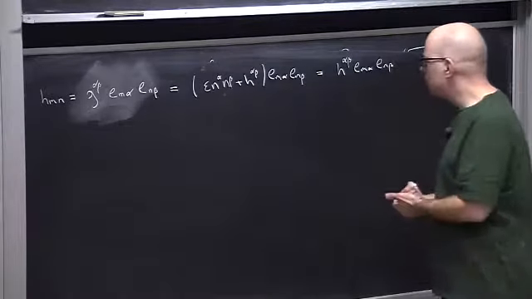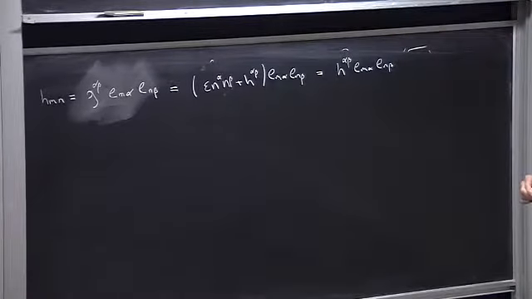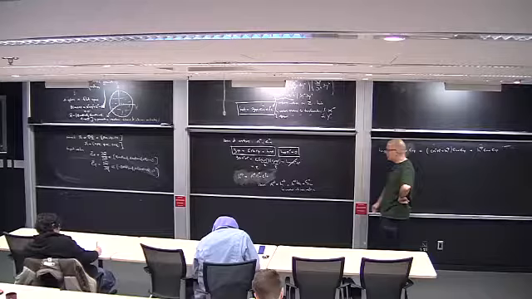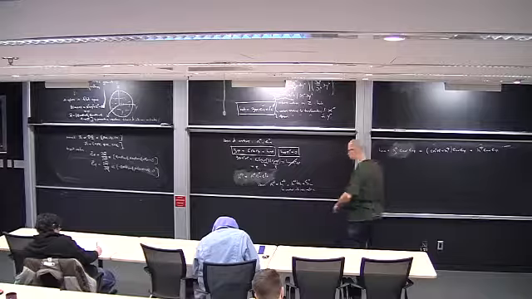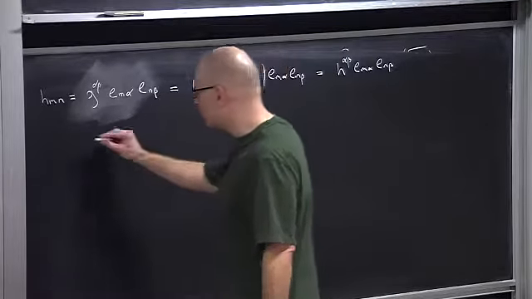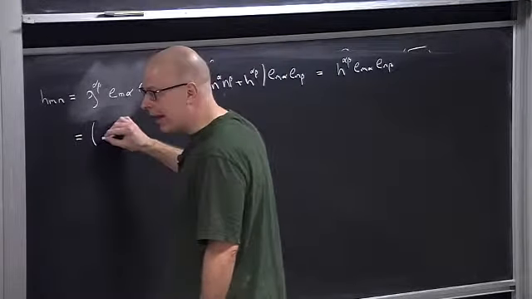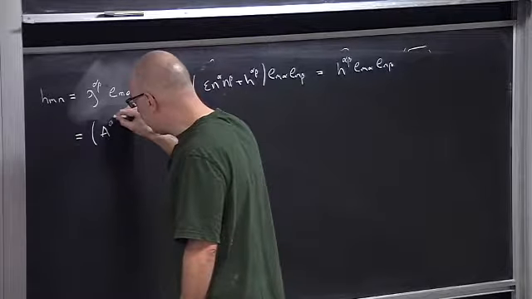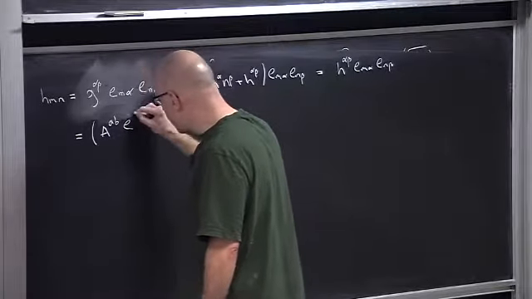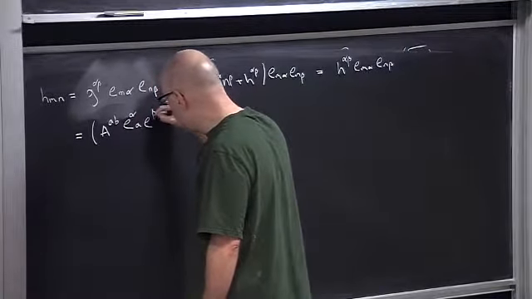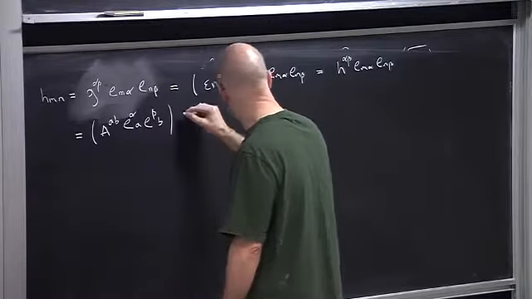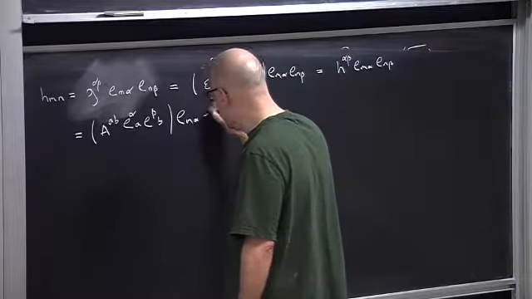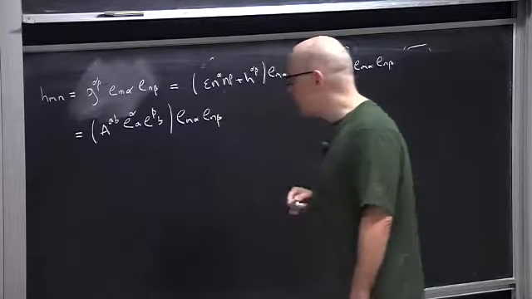All right. Now, I'll incorporate this decomposition over here. So now we have A^{AB} that multiplies e_M^α, e_N^β. And now we see what's going to happen.